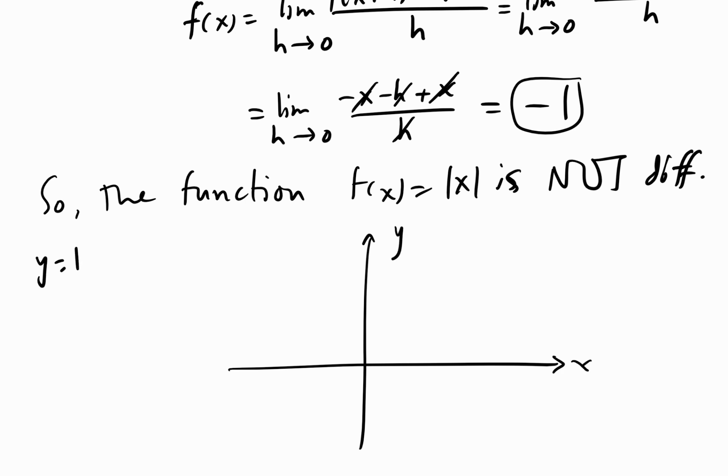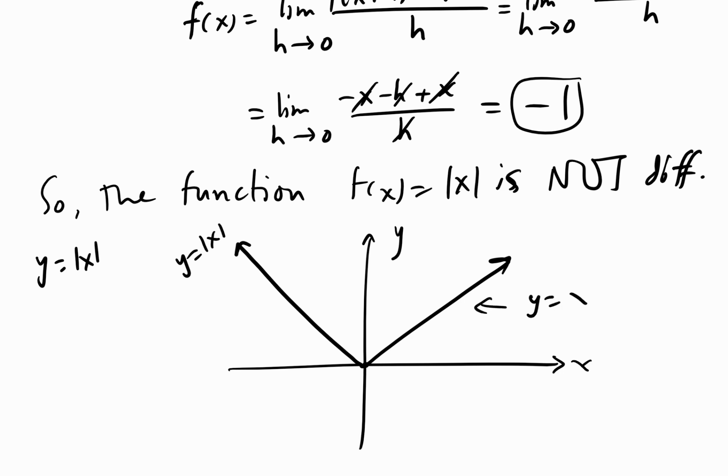When you graph y equals the absolute value of x, if you remember the graph, it goes like a V shape like this. This part is the positive x, y equals positive. This is the negative x. So what happens is the function is not differentiable at 0, at that point. Not differentiable here, at x equals 0.